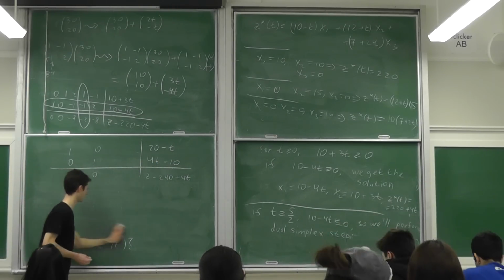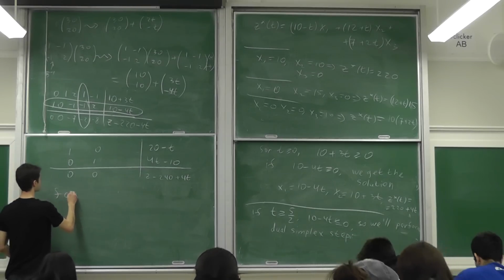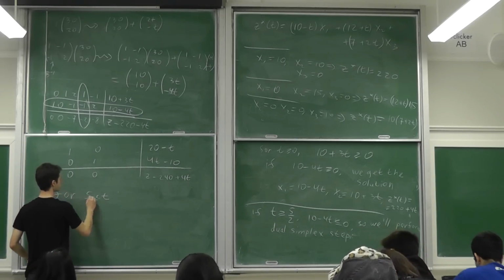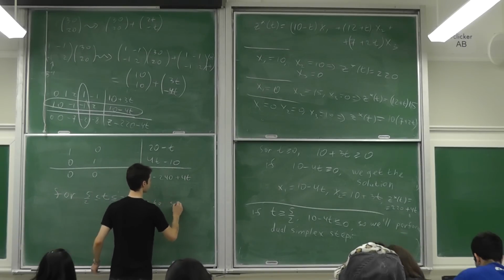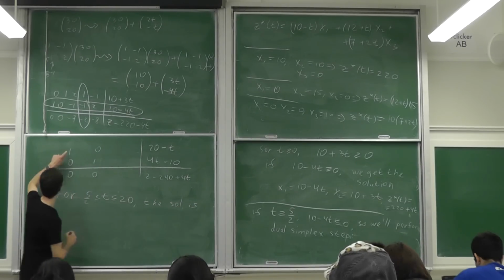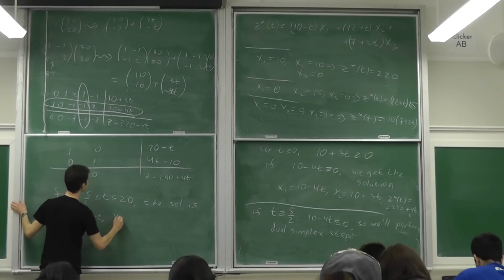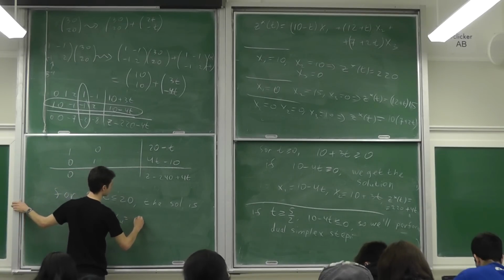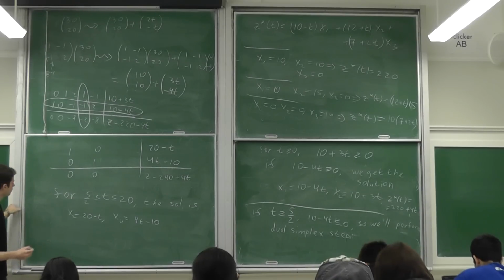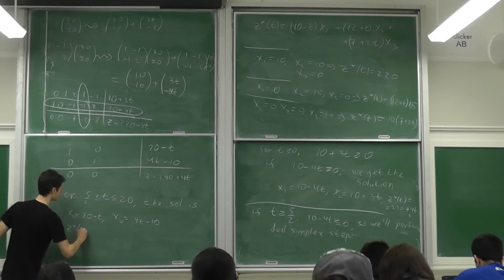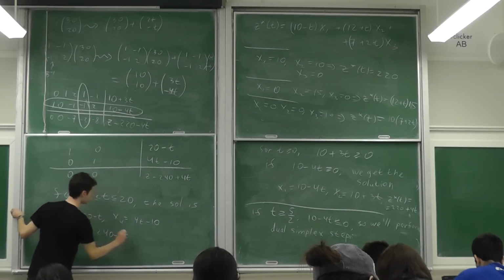So for t between 5 halves and 20, the solution is this one. So this was x2, this 20 minus t, x4 is 4t minus 10. And my optimum objective function is 240 minus 40t.